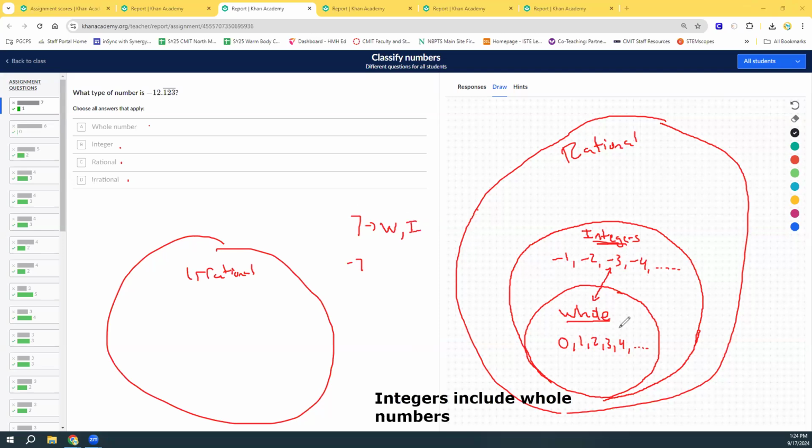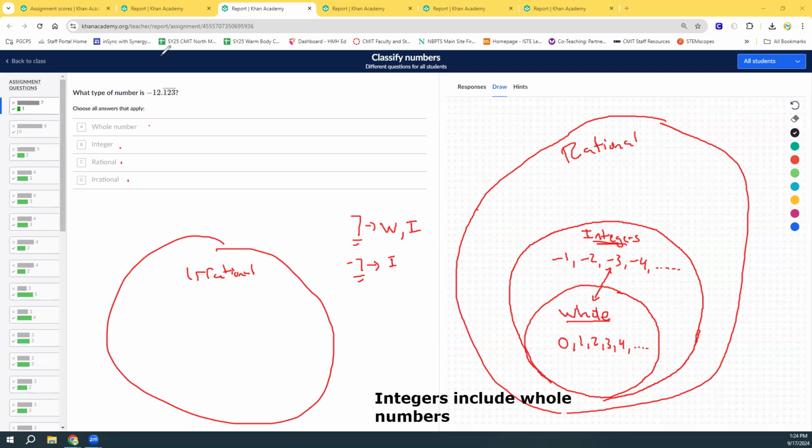Because if you look closely, the whole numbers, as I said already, are in the integer circle. -7 is not a whole number because it's outside of the whole number circle, but it is in the integer circle. So -7 is only an integer. +7, because of the positivity, gets to be a whole number and an integer.